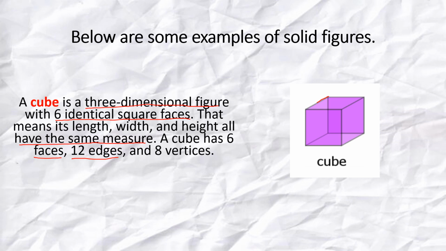So we have 1, 2, 3, 4, 5, 6, 7, 8, 9, 10, 11, 12. So those are all the 12 edges of this cube. And we also have 8 vertices. So 1, 2, 3, 4, 5, 6, 7, 8.